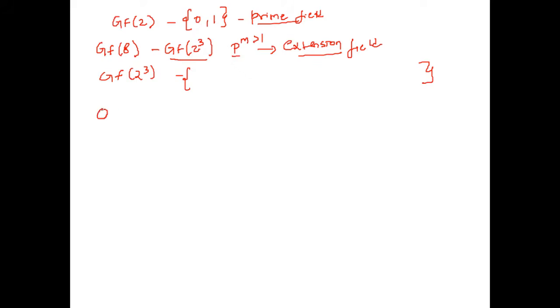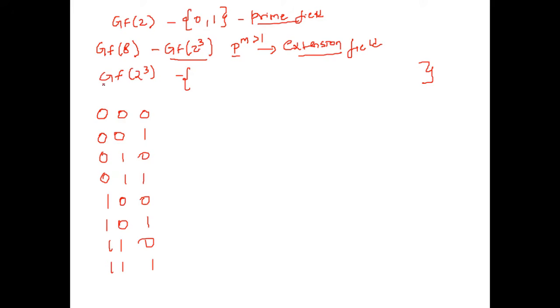So it is 0 0 0, that is, all the terms are zeros. 0 0 1, there is only one term in your polynomial. So likewise 0 1 0, 0 1 1, 1 0 0, 1 0 1, 1 1 0, and 1 1 1.